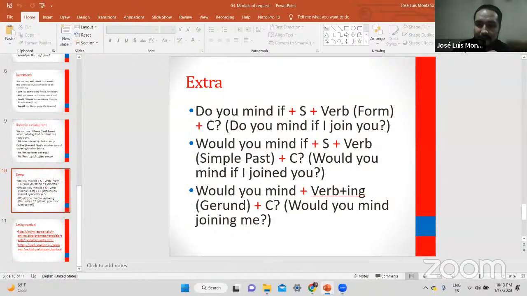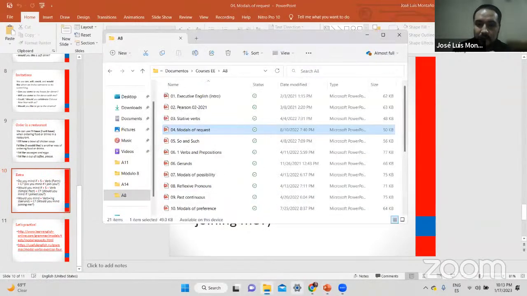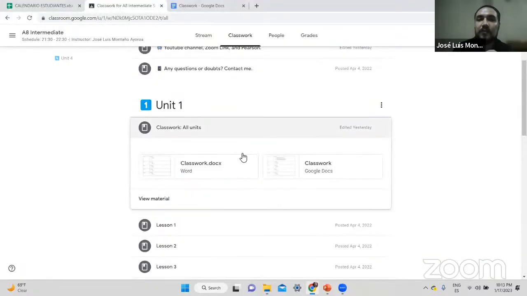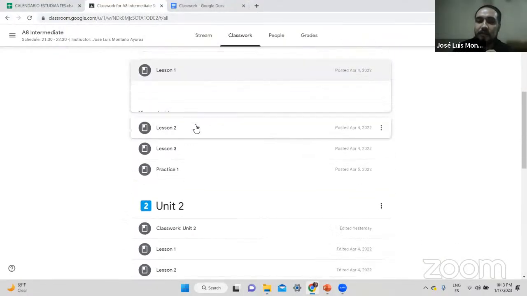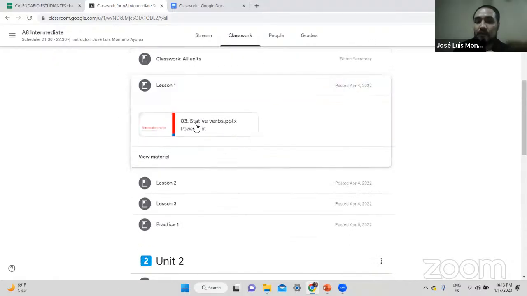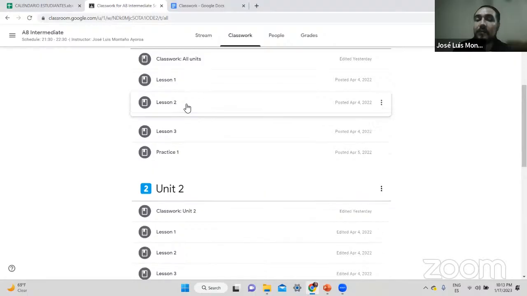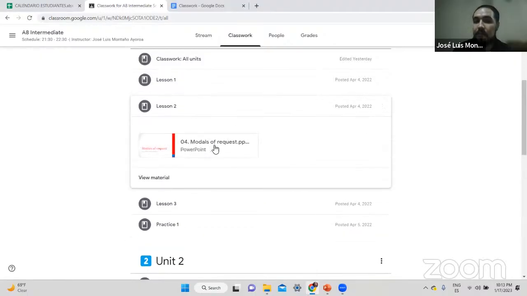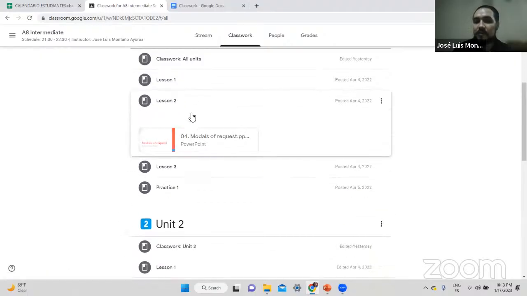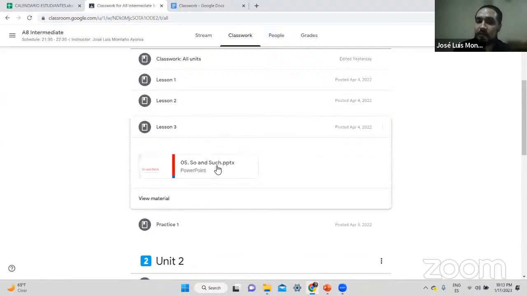Remember, please, Leandro, that every lesson that we cover is always going to be here on Google Classroom. So if you go to lesson 1, unit 1, you have yesterday's lesson, stative verbs, and now the second lesson that we finished, models of request, is also here. All right, now we're going to finish with this, that is so and such.